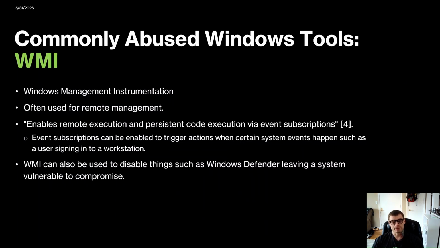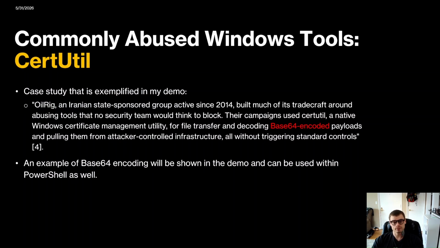Next is WMI, Windows Management Instrumentation. Often used for remote management, it enables remote execution and persistent code execution via event subscriptions. Event subscriptions can be enabled to trigger actions when certain system events happen, such as a user signing into a workstation. WMI can also be used to disable things such as Windows Defender, leaving a system vulnerable to compromise.